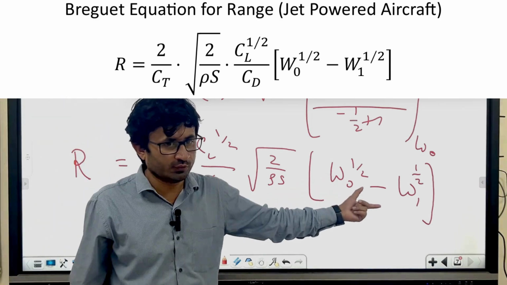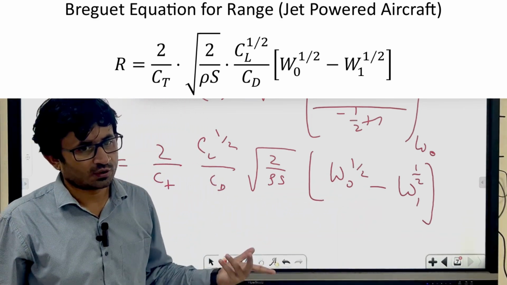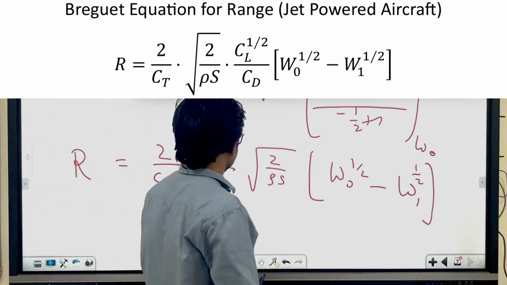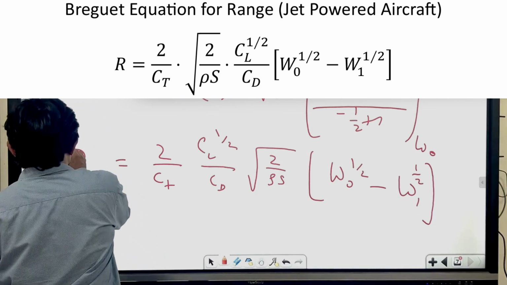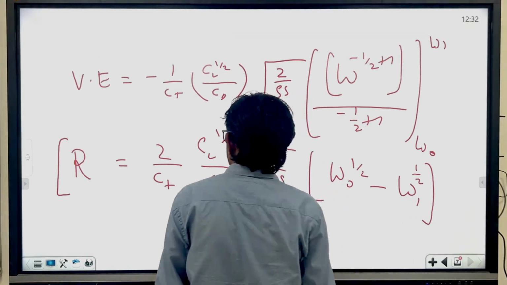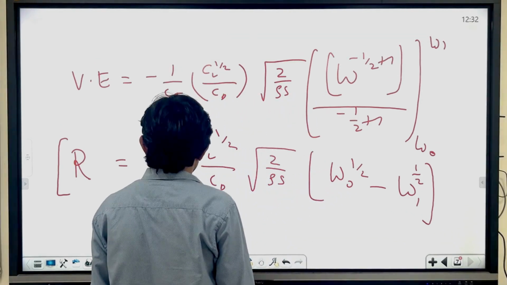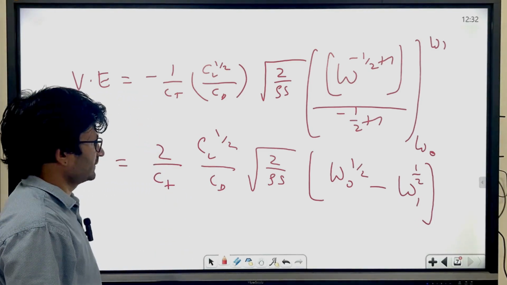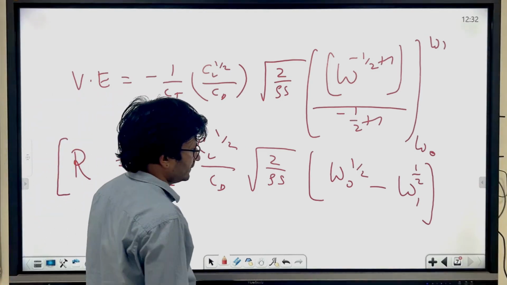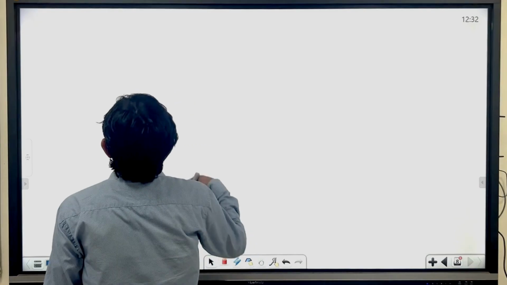And if you carry a lot of fuel, then also you will have a high endurance. Okay, more endurance as well as more range. So range we have covered for a jet engine case, and similarly we will derive for a propeller case.